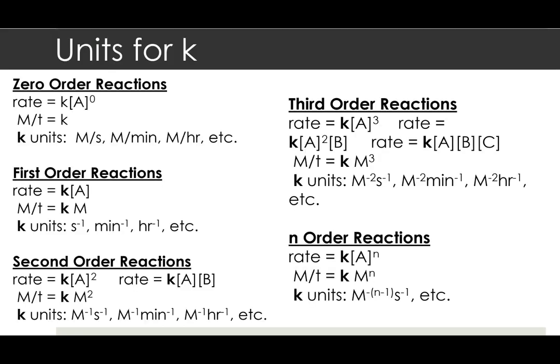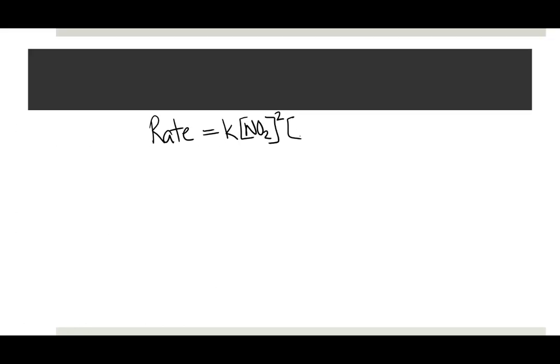Rate equals K times the concentration of NO2 raised to its order times the concentration of F2 raised to its order. So this is step 2. This is the complete rate law.